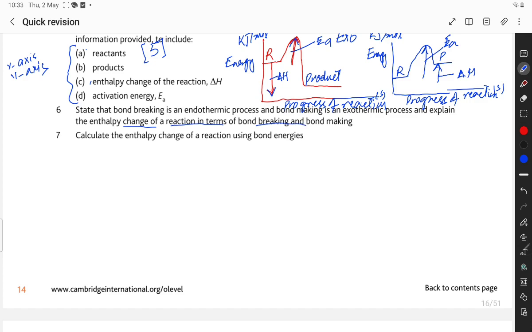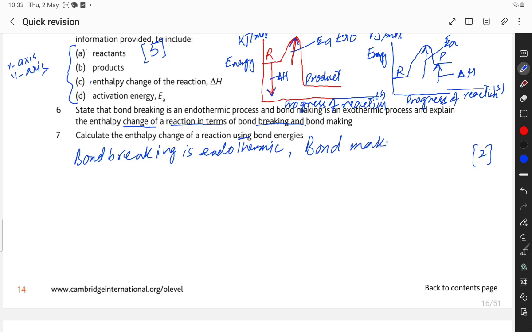This question carries 2 marks. Write that bond breaking is endothermic, and bond forming or bond making is exothermic.